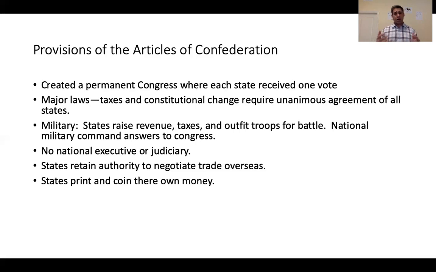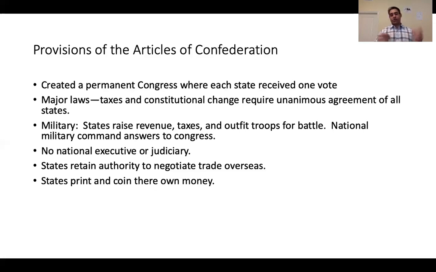And that's shockingly what's happening during the early efforts to fight the war. The government of the Articles of Confederation is simply struggling to maintain an army in this moment of crisis because of this provision that the military largely be provisioned by independent contributions of revenue and taxes and troops for battle by each of the different colonial governments.